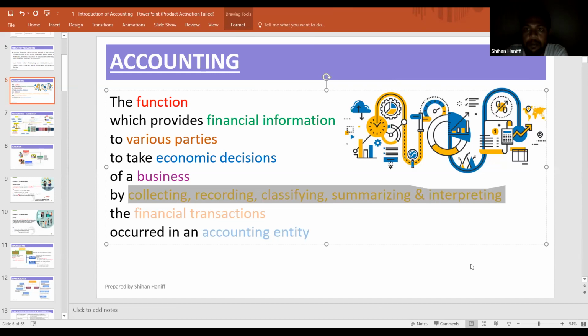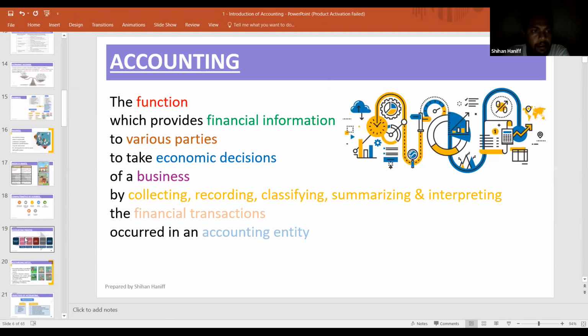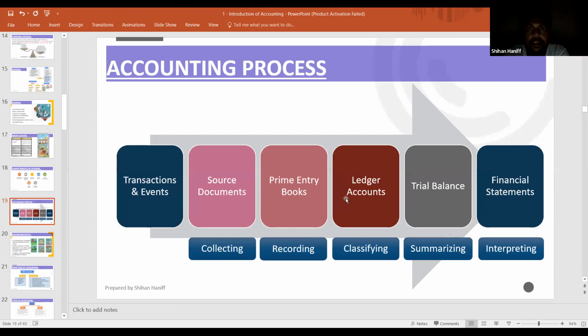So this accounting process is what we study in grade 12. The entire grade 12 chapters are based on this accounting process.